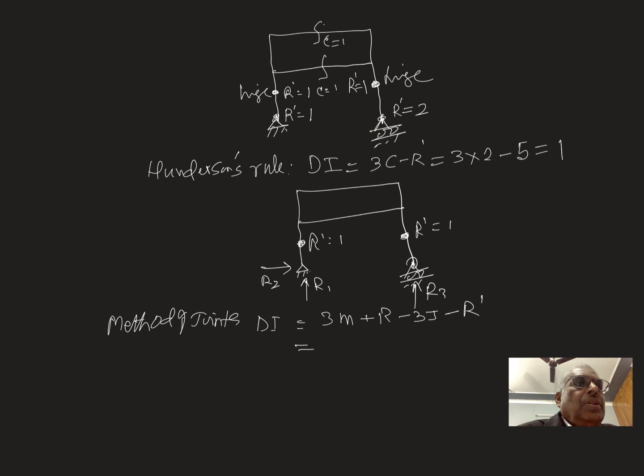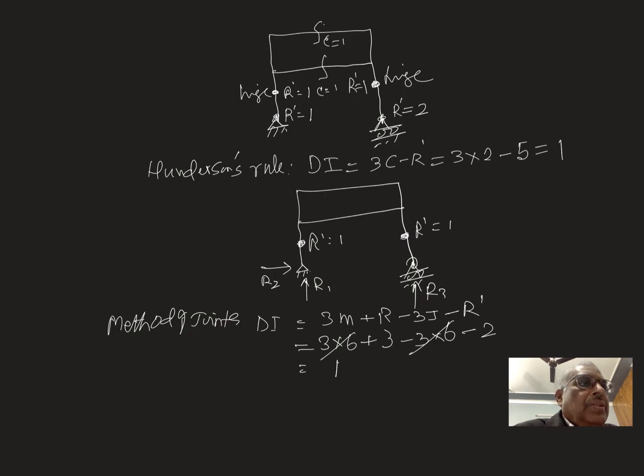Reaction, 3 reactions. How many joints? 1, 2, 3, 4, 5, 6 joints. Minus 2. So this cancels with this. 3 minus 2 is 1. So here also it is coming 1 by method of joints.